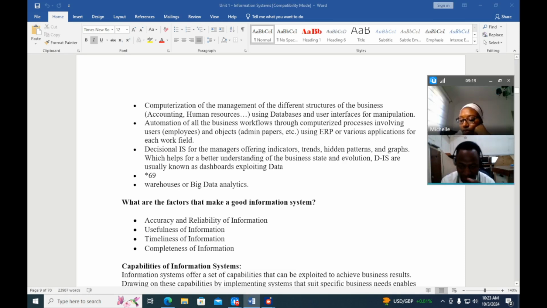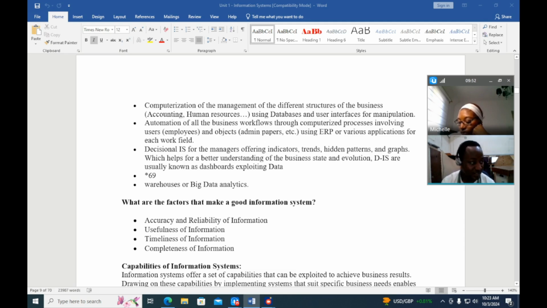Number 3, we have the decisional information systems that are actually offering indicators. We talked about this. They offer indicators, they offer trends, they show the various patterns that are actually hidden, they show graphs.